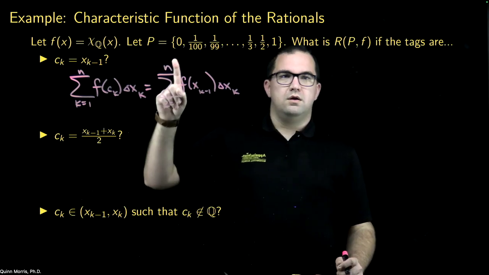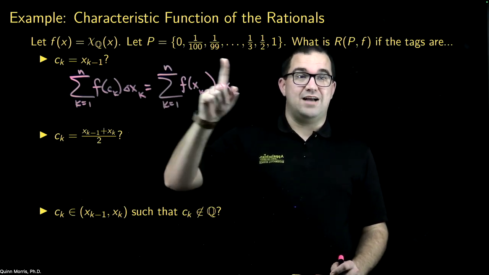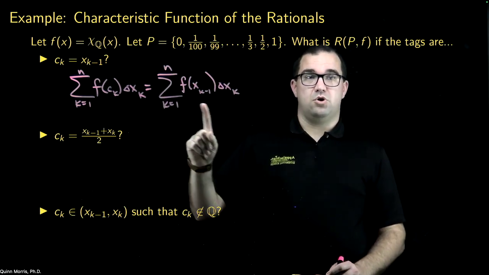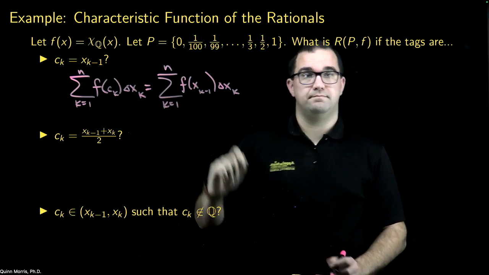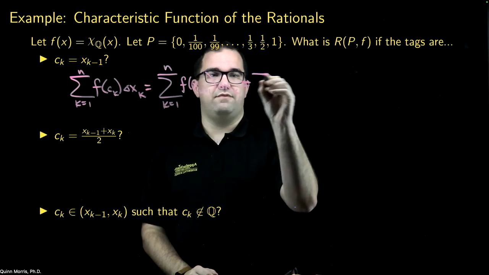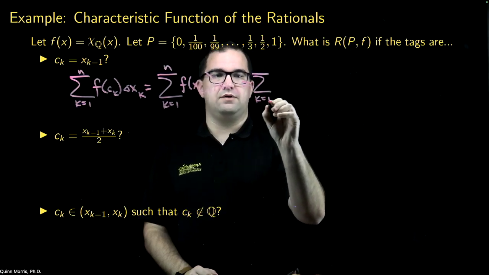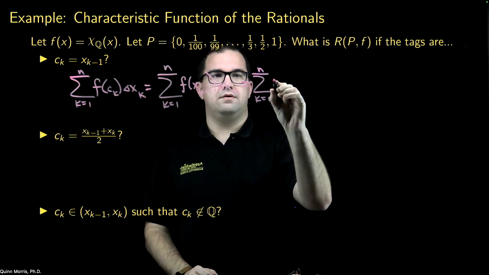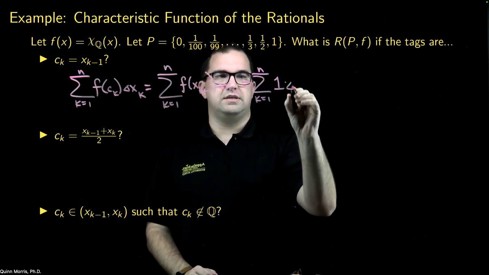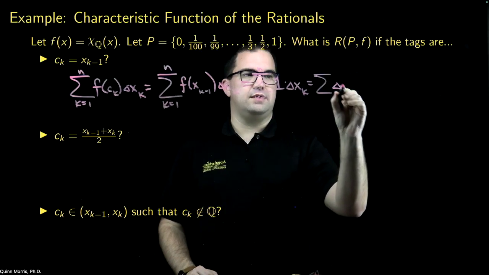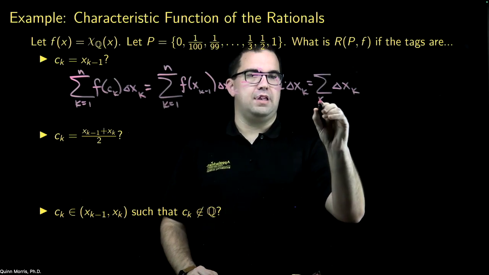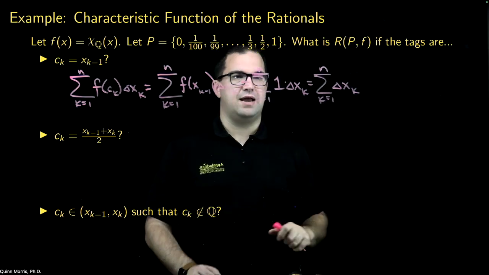But in any event, notice all of these are rational numbers, right? So f of those rational numbers is just going to be 1. So this will in fact be the sum from k equals 1 to n of 1 times delta x sub k, or we could just write the sum from k equals 1 to n of delta x sub k.